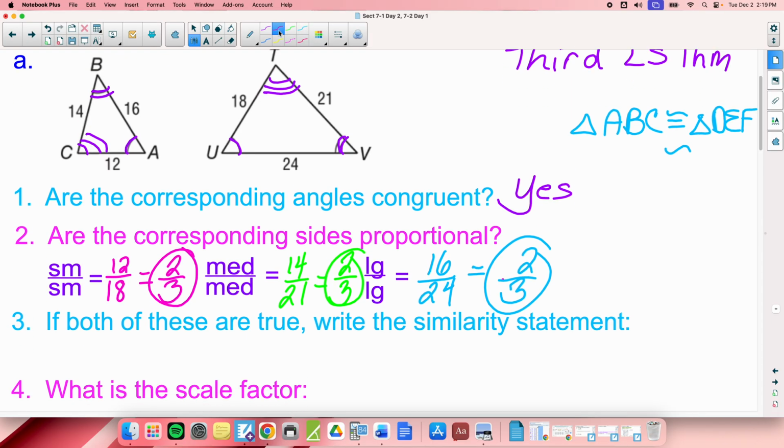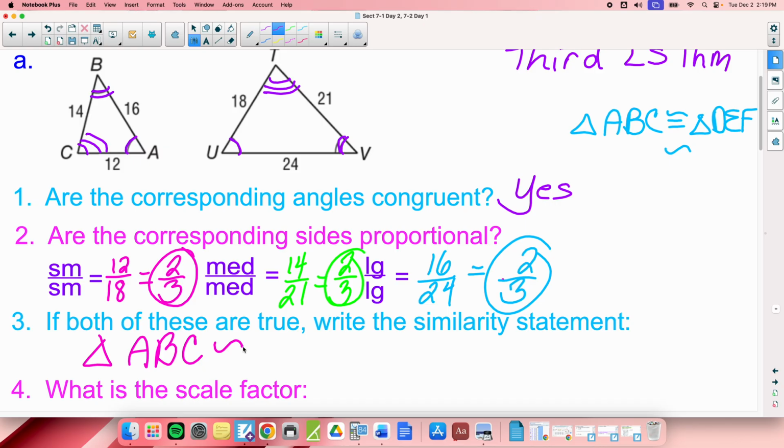I would start at one of my triangles, again, doesn't matter which one, and I would use my angles. And I would look at the angle that has 1 arc, then 2, then 3, and I would name it in that order. So I'd go from A, because it has 1, to B, because it has 2, to C, because it has 3, and I'd write this as triangle ABC, and then I would do that squiggly, which means similar.